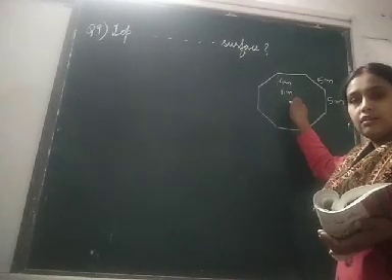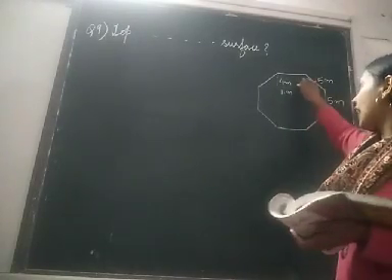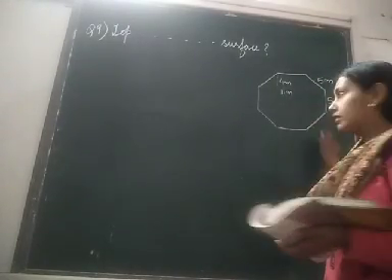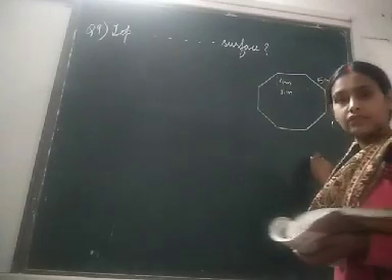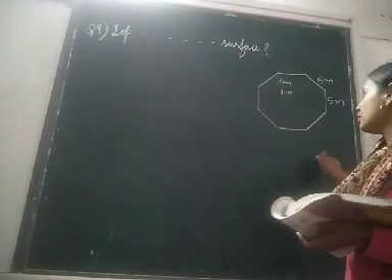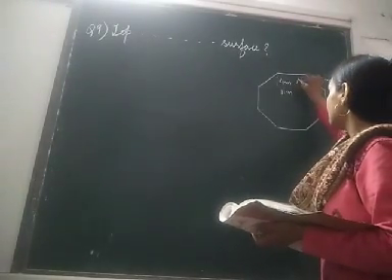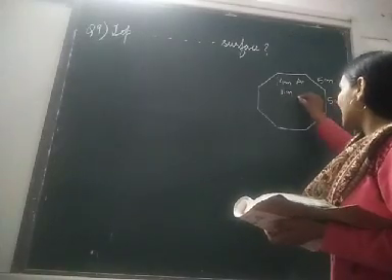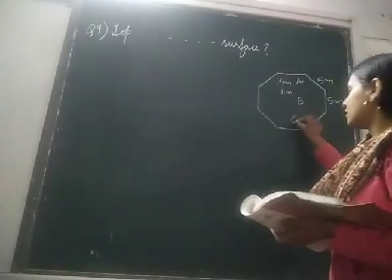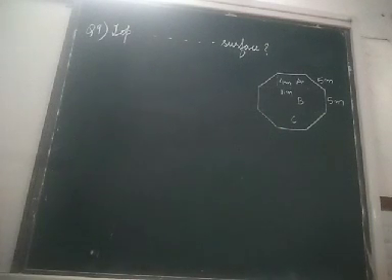We will find out the area there and add the 3 areas to get the total area of this octagonal surface. So let's mark. This is trapezium A, this is rectangle B and this is trapezium C.